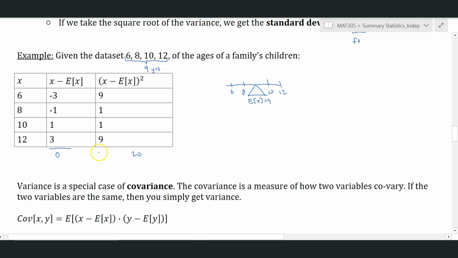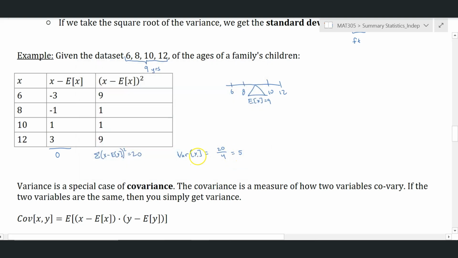So this is not the variance quite yet, because we haven't averaged this out yet. This is just the sum of the square deviations. To actually get the variance of x, we need to divide this 20 by the number of observations, and we would get a variance of 5.